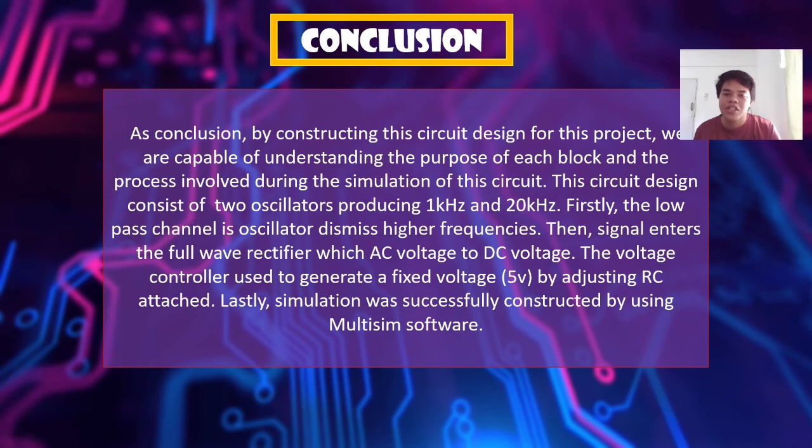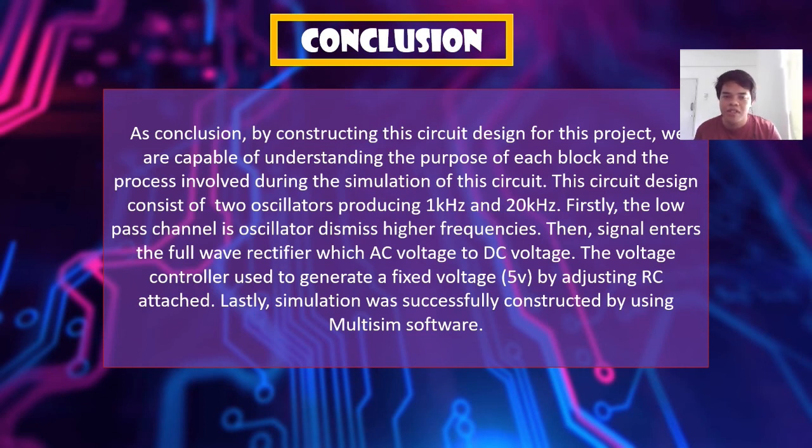Okay, so for the conclusion, by constructing this circuit design for the project, we are capable of understanding the purpose of each block and the processes involved during the simulation of the circuit. The circuit design consists of two oscillators that produce 1 kHz and 20 kHz outputs.